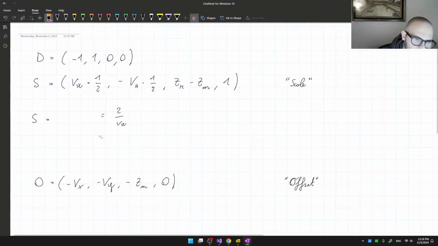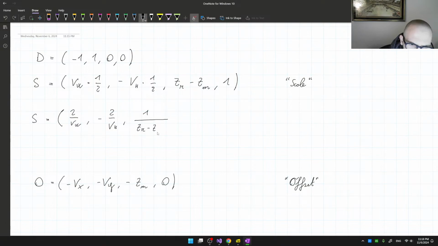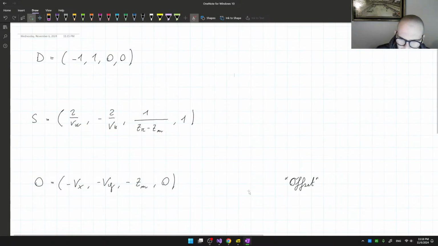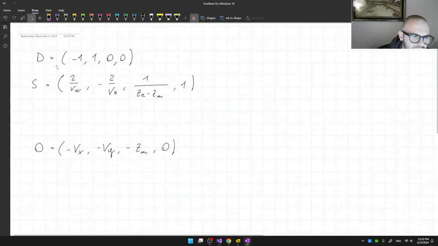So let's write it like this: 2 divided by the view width, minus 2 divided by the view height, 1 over Z max minus Z min, and 1. This is the scale vector.